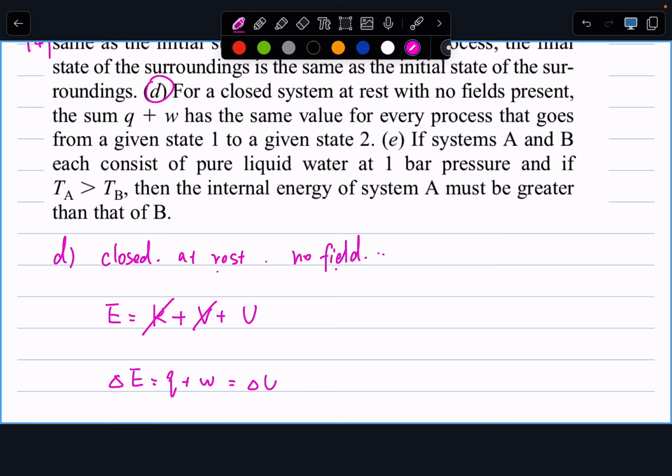So we have delta U equals Q plus W. And this basically tells us that Q plus W is the delta U. And we know delta U is a state function, or internal energy is a state function. And thus this statement is true, because for every process from state 1 to state 2, as long as we specify state 1 and state 2, it doesn't matter which path we take. It is a state function. Or the other way to put it, this question is asking us, is internal energy a state function or not? And the answer is yes.